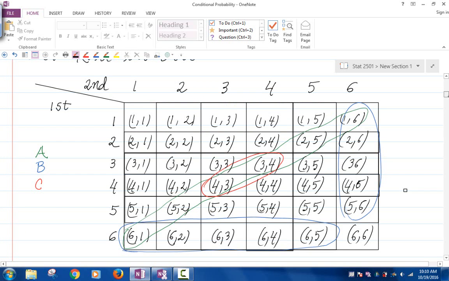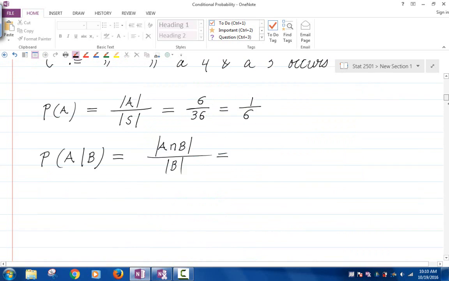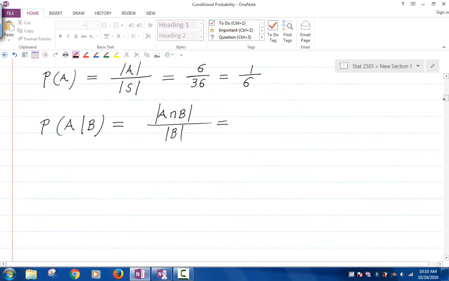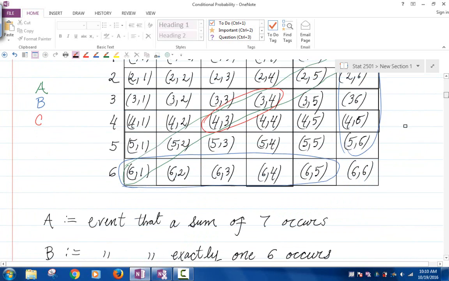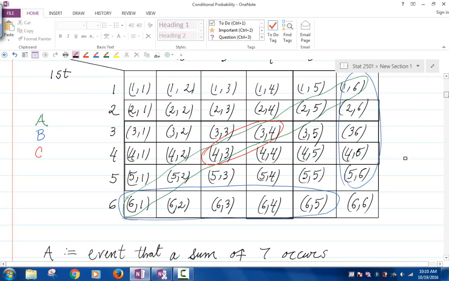B is the blue, A is the green, so there are exactly 2 outcomes there. And how many elements are in B? 10.